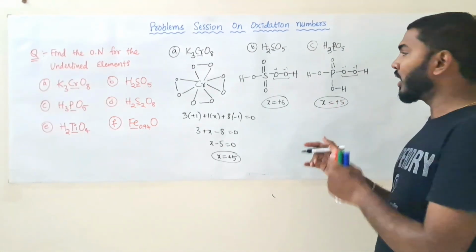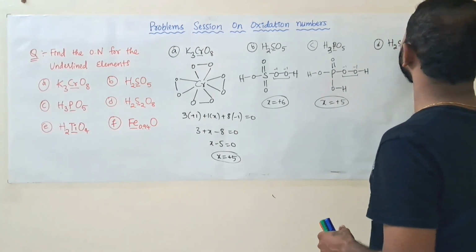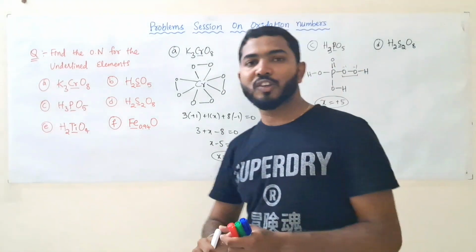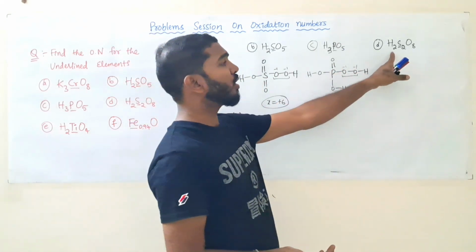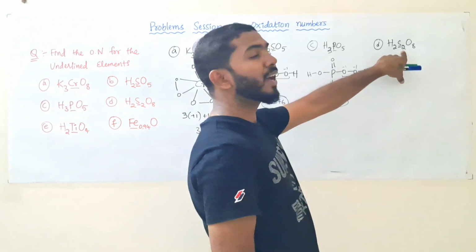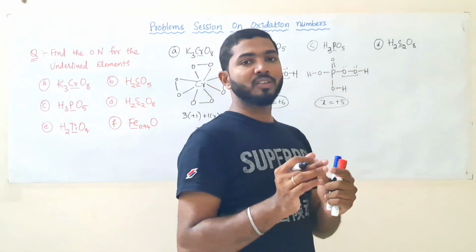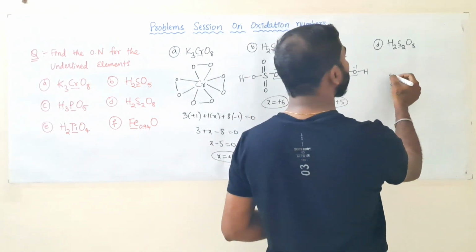Hope you are understanding. Okay, and then the next one, that is H2S2O8, which is called Marshall's acid or peroxydisulfuric acid. In this also, sulfur's oxidation number we are going to get as plus 7, which is again not possible. So here we can expect again the same, that is a peroxy bond.